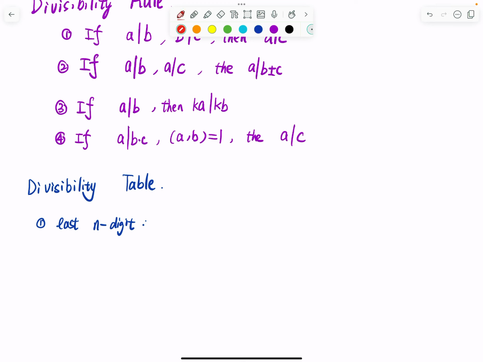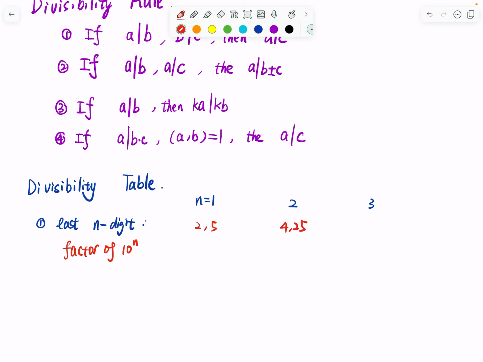Actually, we are talking about the factors of 10 to the power of n. For example, n equals 1, 2, and 3. If a number can be exactly divided by 10, that means the last one digit can be divided by 2 and 5. If a number can be exactly divided by 100, we need to focus on the last 2 digits, which can be divided by 4 and 25.